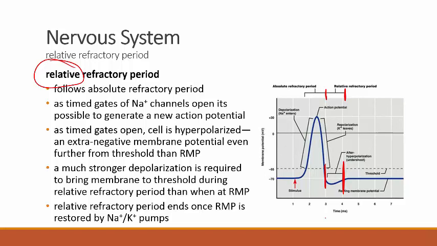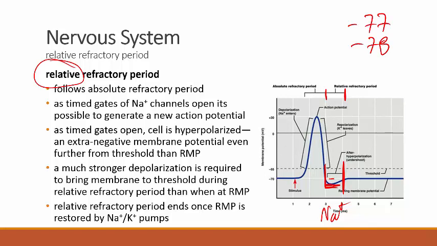So the sodium channels are beginning to open up again. So it's possible to flood sodium into the interior of the neuron. But look at what the membrane potential is during this time. It's not just at a minus 70. It's now at like minus 77 or minus 78.